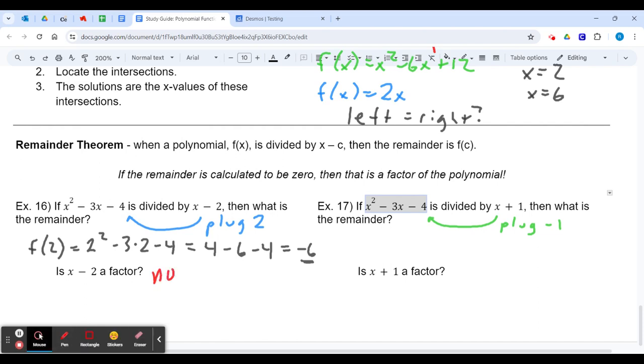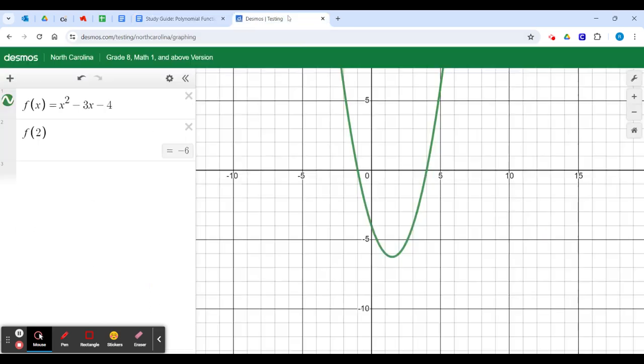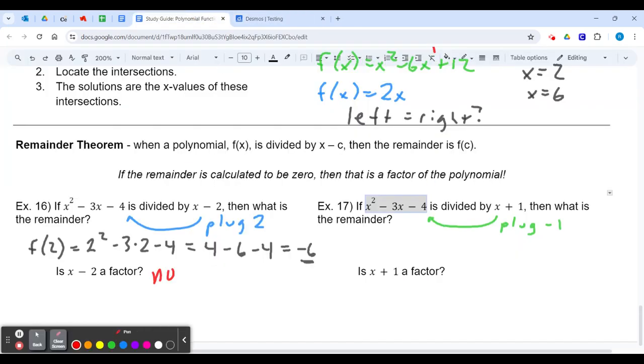If I look at this next one where I plug in -1, let's just quick check that real quick with our Desmos, f of -1, we should get 0. Let me confirm as we go through our more mental math, f of -1 equals -1 squared minus 3 times -1 minus 4.